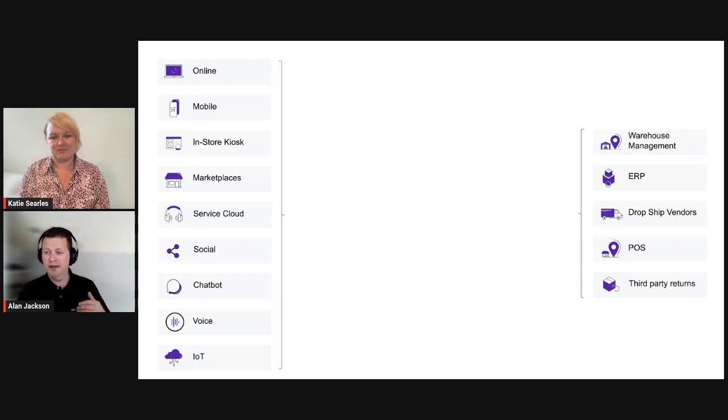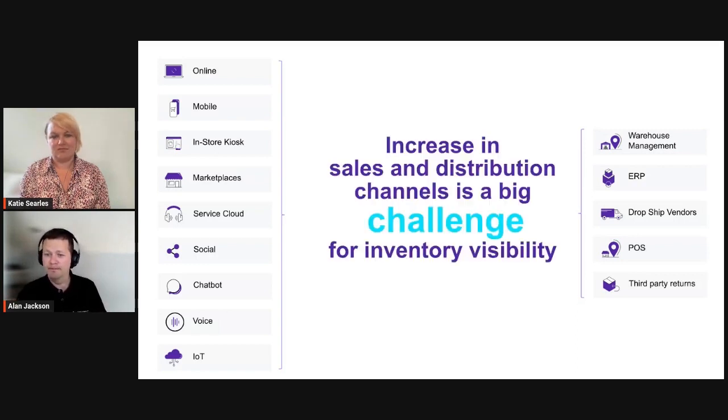And one side is very fast paced and changes quite quickly, and the other is continuously trying to catch up. And that's the challenge, because that really impacts how sales performance is being tracked through the business, and how we're using our distribution channels. Inventory visibility is really at the heart of that.